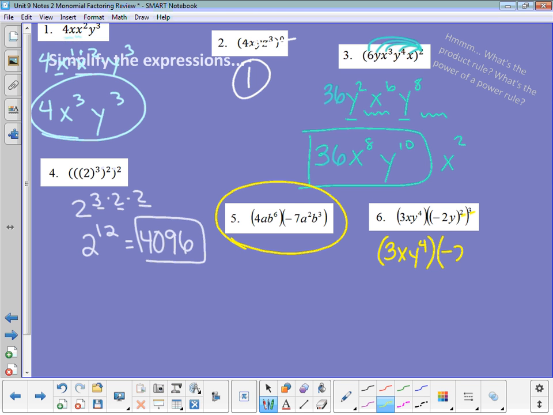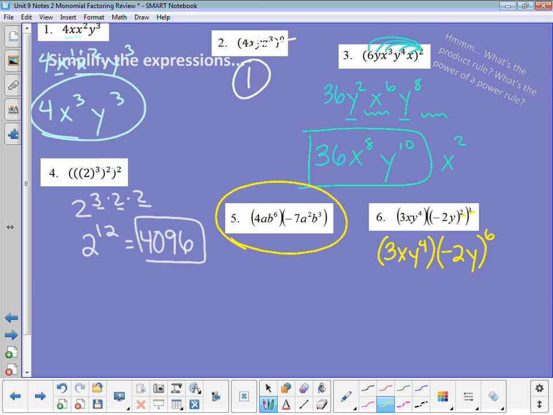So that's negative 2y to the 6th power. So I need to take everything inside to the 6th power, negative 2 to the 6th power, and y to the 6th power. Now, negative 2 to the 6th power happens to be 64.